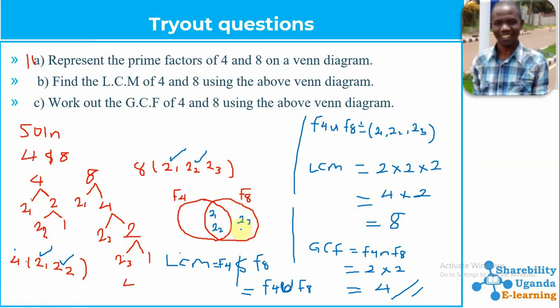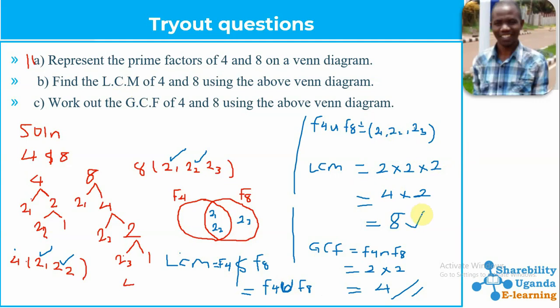So after identifying them like that, you go ahead and find the LCM. LCM means the prime factors of 4 intersection union the prime factors of 8. So you list them. After listing them, then you multiply them. You'll be able to get the right answer.